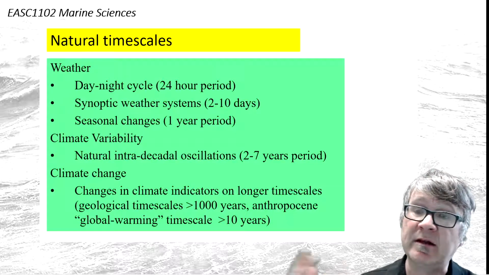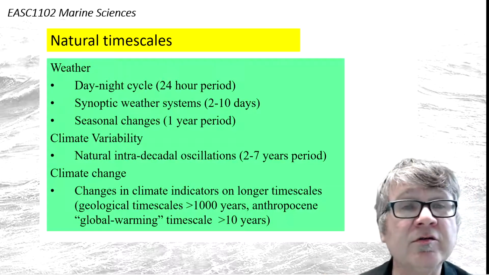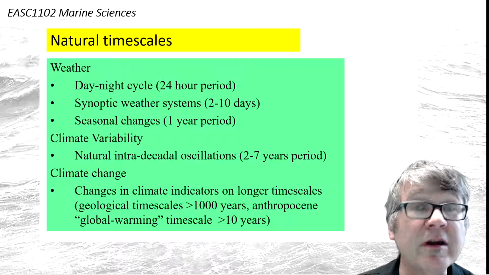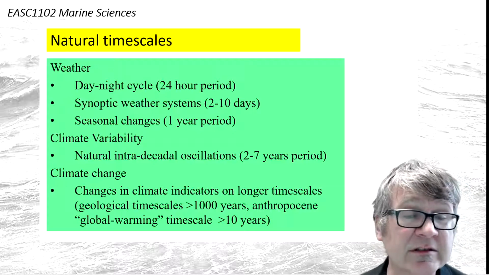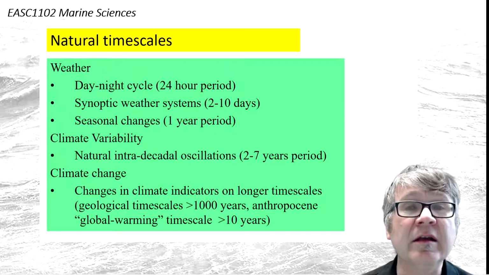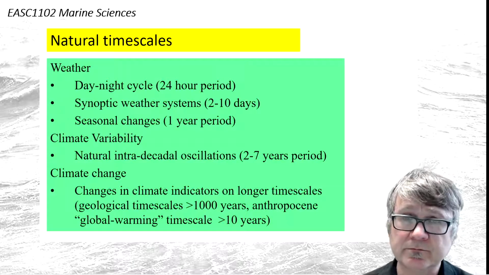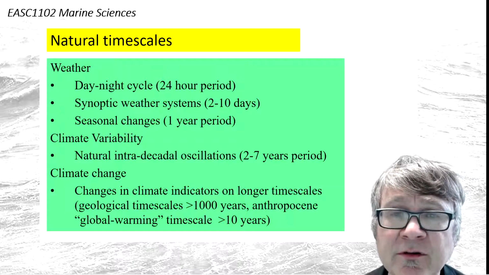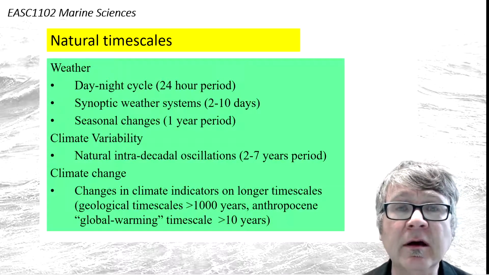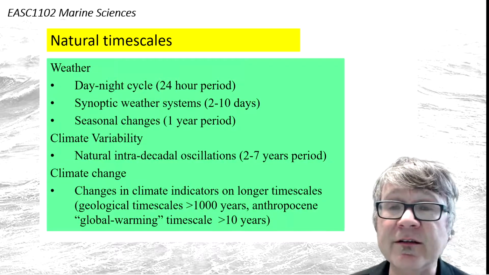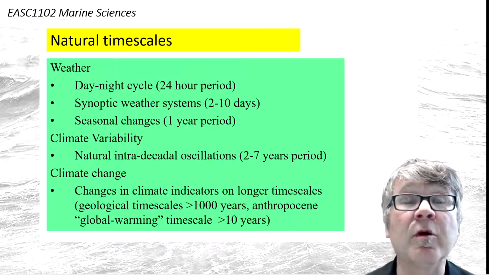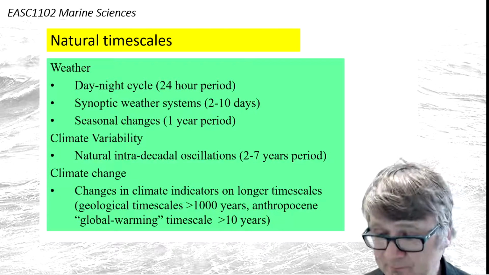Indeed, we also have climate change, the human-induced climate change, which is also on relatively short time scales. So it's actually on a time scale which interferes with the time scales of El Nino events. It's relatively short. We're only talking about decades here.